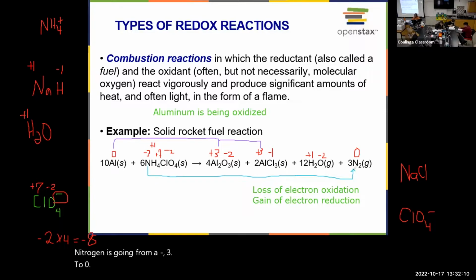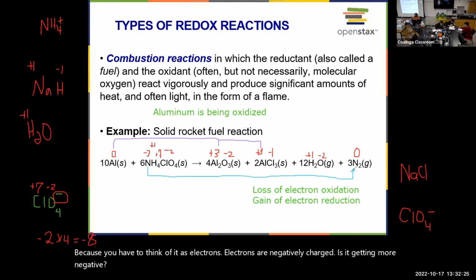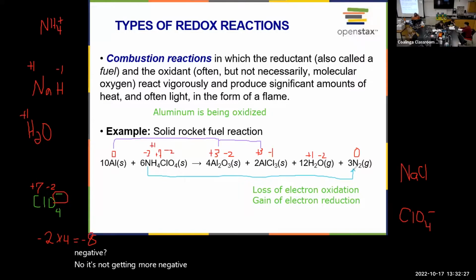So we're going from a negative to a 0. Is it gaining? Because you have to think of it as electrons. Electrons are negatively charged. Is it getting more negative? No, it's not getting more negative. So then it is oxidized.